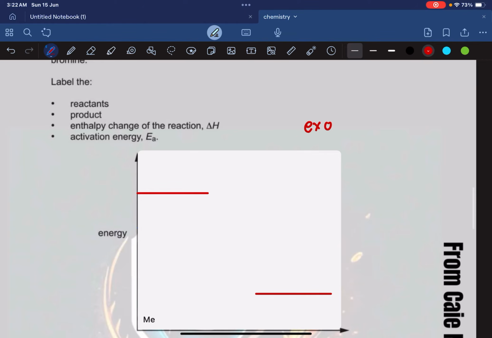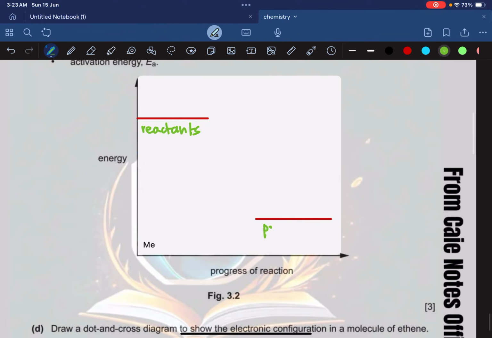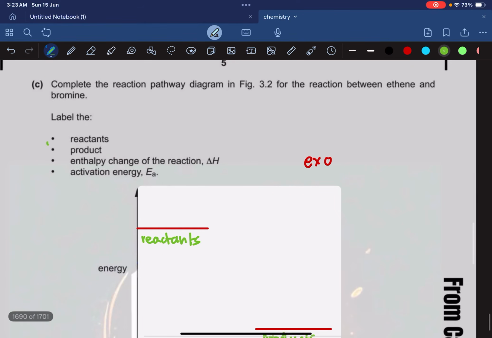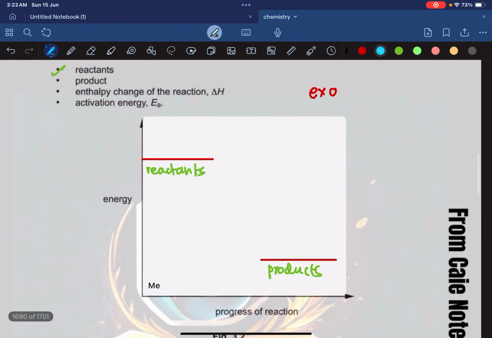So let's label these as the reactants, and right over here we have the products. And since we have to label enthalpy change as well, enthalpy change is always from the reactants to the products, so it's going to be from here down to here till products. So this is going to be delta H. And now we have to label the activation energy. So how do we make the activation energy?